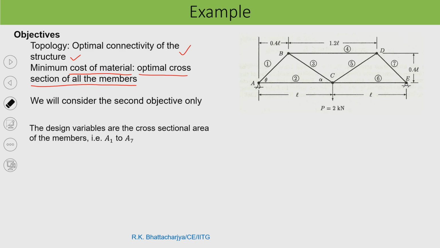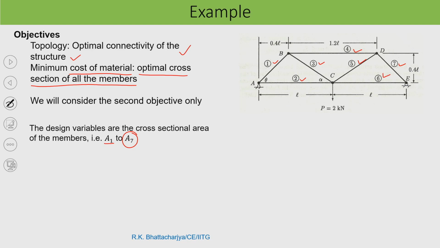The design variables are the cross sectional areas of the members, that means there are 7 members here, that means A1 to A7. So, this is A1, A2, A3, A4, A5, A6 and A7.